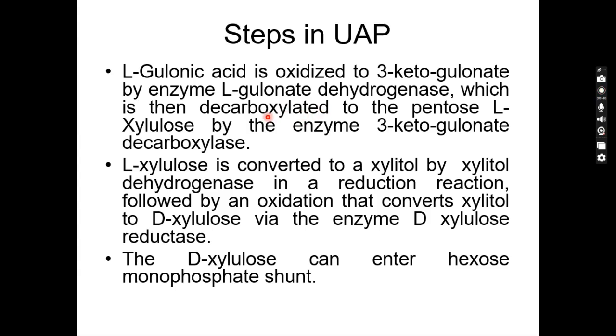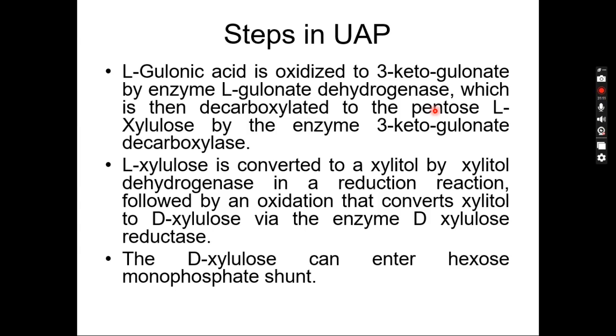So when you talk about this decarboxylation, this is where you find that the pentose sugars are 5-carbon sugars, okay, as compared to when it was coming from the glucose 6-phosphate, it was a 6-carbon sugar, okay.